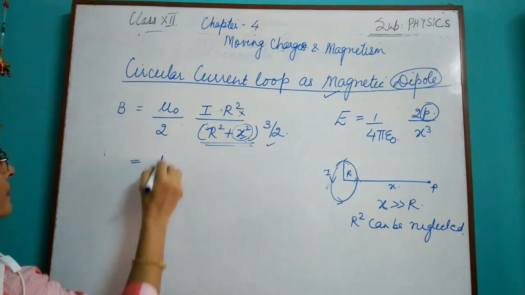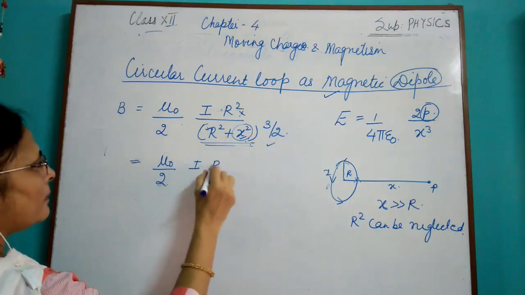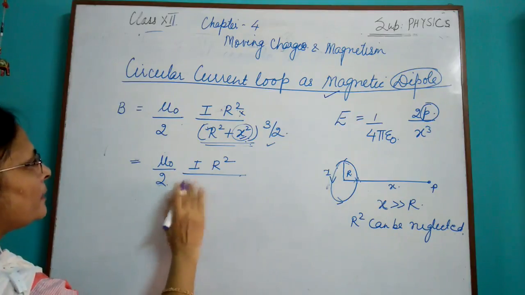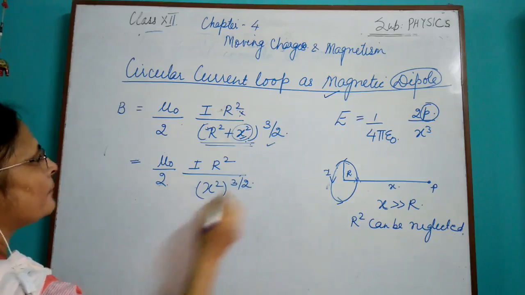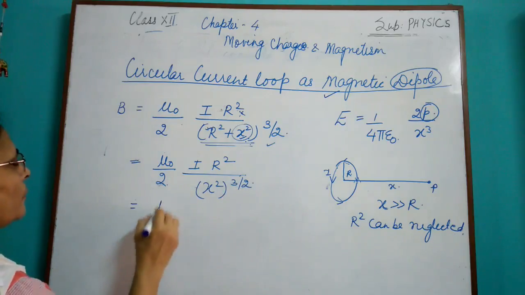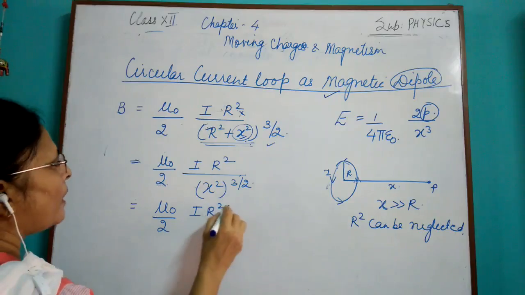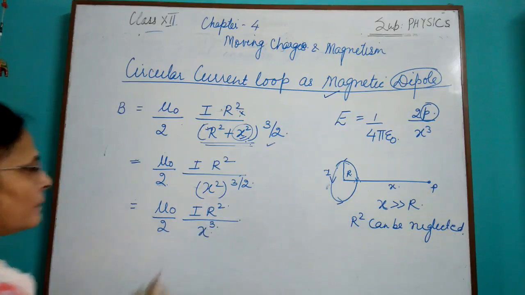So what we will get is mu naught upon 2 I r square upon (x square) raised to 3 by 2. This is going to give me mu naught upon 2 I r square upon x cube.